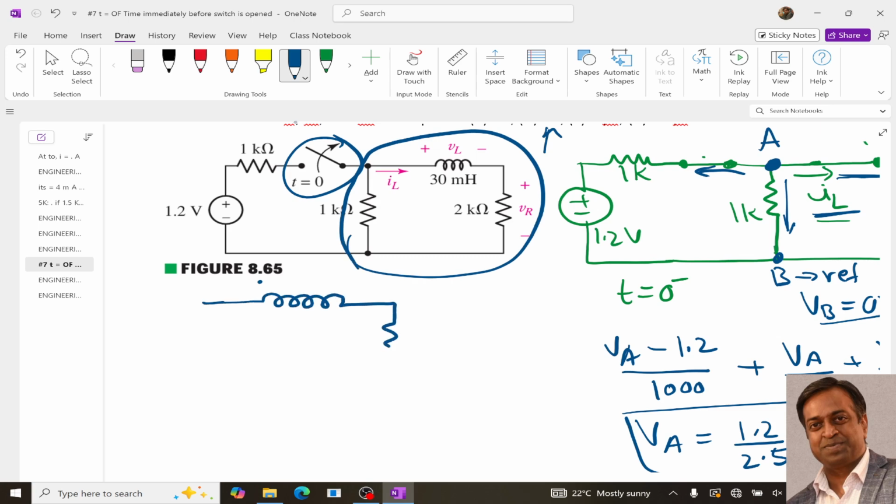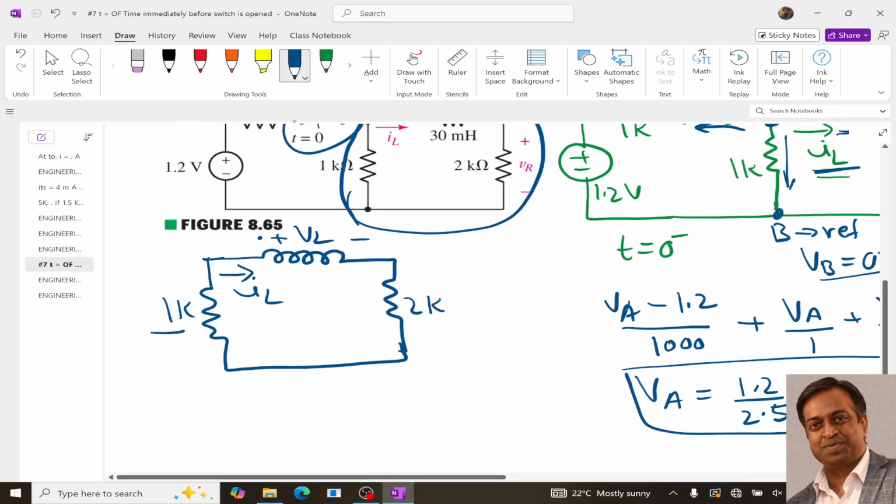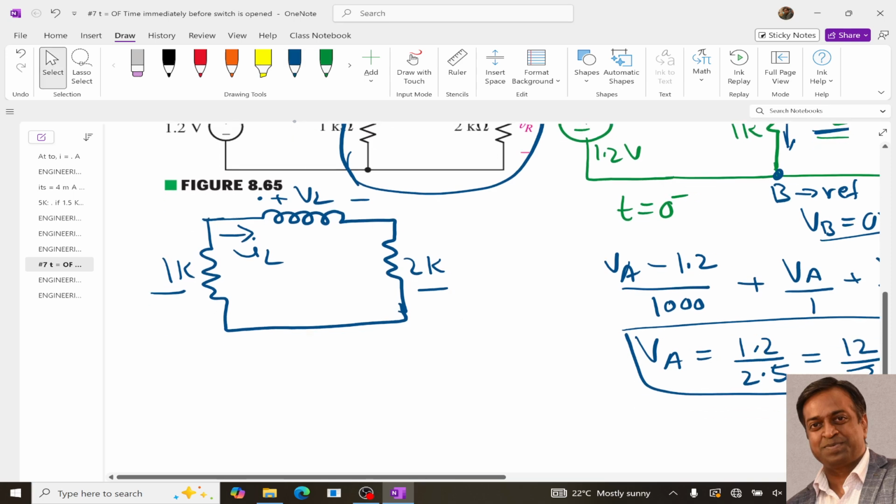Now we have this 1K, this 2K, this VL, and this IL. Over here, these are in series, so we can find the equivalent resistance as 3K.